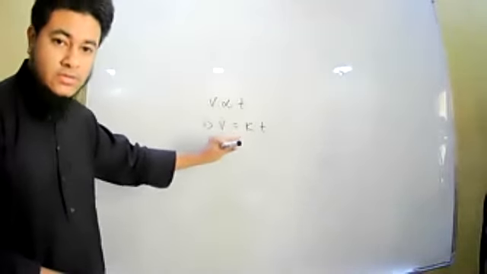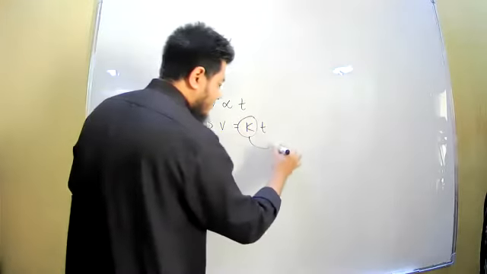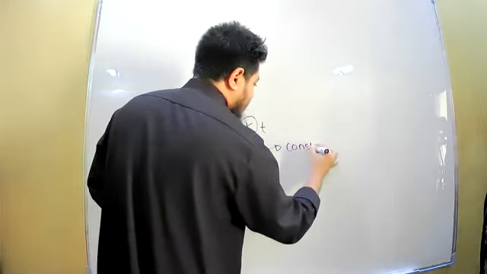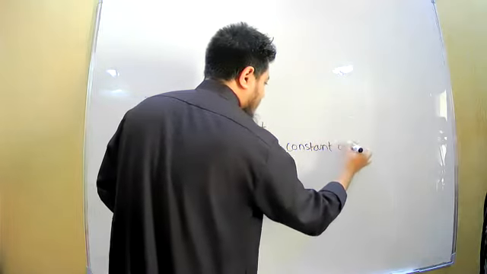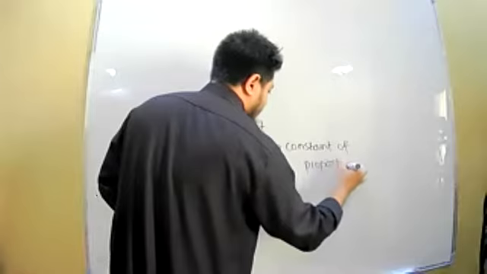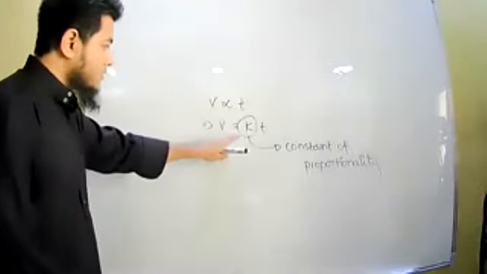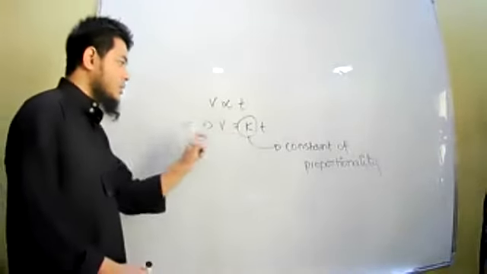This k is a constant of proportionality. Please remember. Let me write it down for you. Constant of proportionality. Okay. So this k is a constant of proportionality.